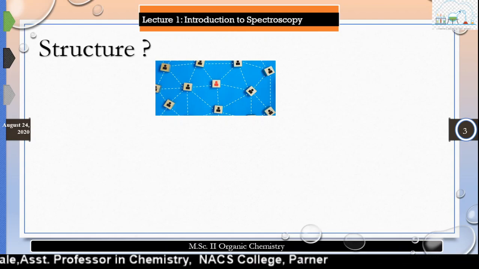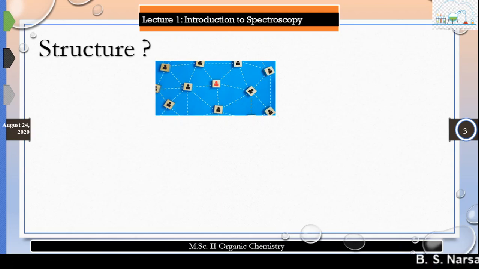These have wide applications, but you think, what is a structure? What is meant by structure? What is called a structure?